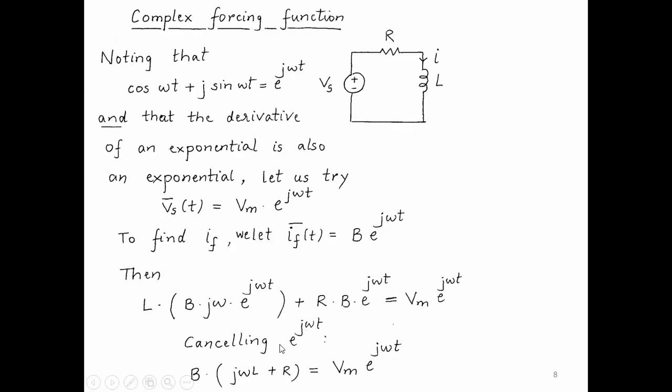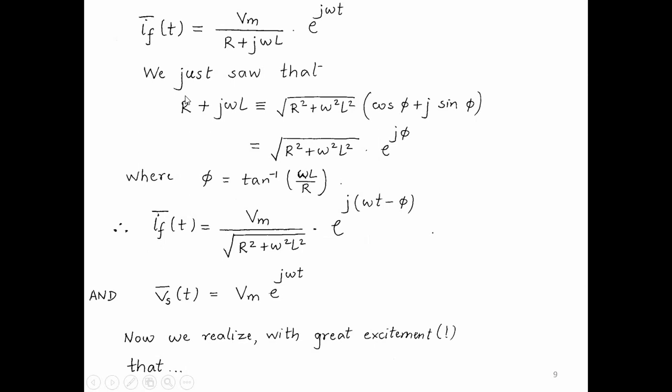And so B is equal to Vm by j omega L plus R. We substitute B and we get an expression for if, which is Vm by R plus j omega L times e raised to j omega t.